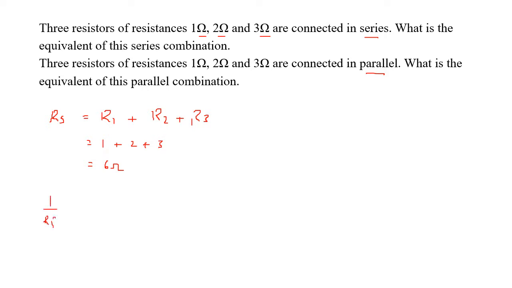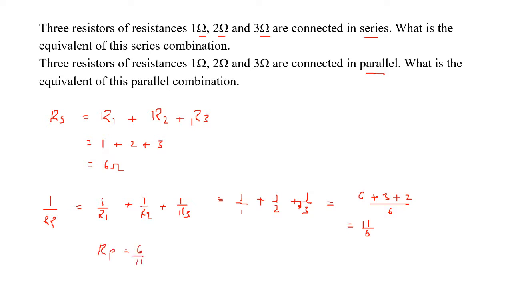We have got 1 upon Rp equal to 1 upon R1 plus 1 upon R2 plus 1 upon R3, equal to 1 upon 1 plus 1 upon 2 plus 1 upon 3. So the LCM is 6. So we get 6 plus 3 plus 2 upon 6, that is 11 upon 6. So 1 upon Rp is 11 upon 6. So Rp equal to 6 by 11 ohm. That will be our answer in parallel.